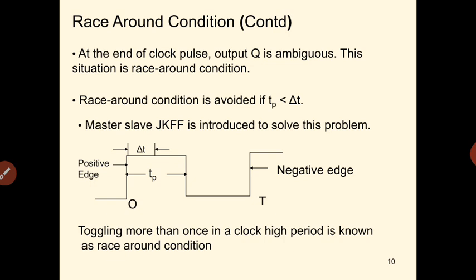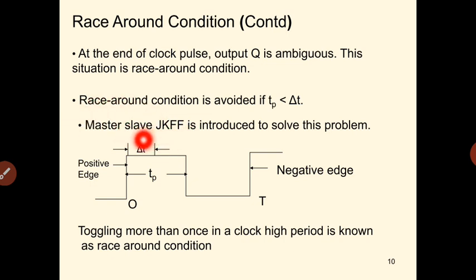There are other ways of avoiding the race around condition. One is with the help of a master slave JK flip-flop. For avoiding the race around condition in a JK flip-flop, we may move from the JK flip-flop to the master slave JK flip-flop. With the help of the master slave JK flip-flop, the race around problem is avoided.